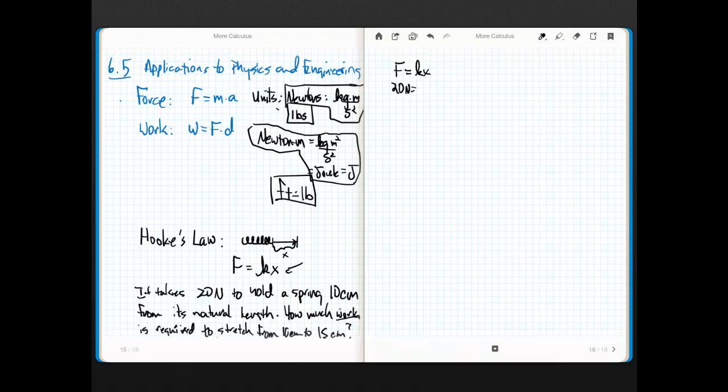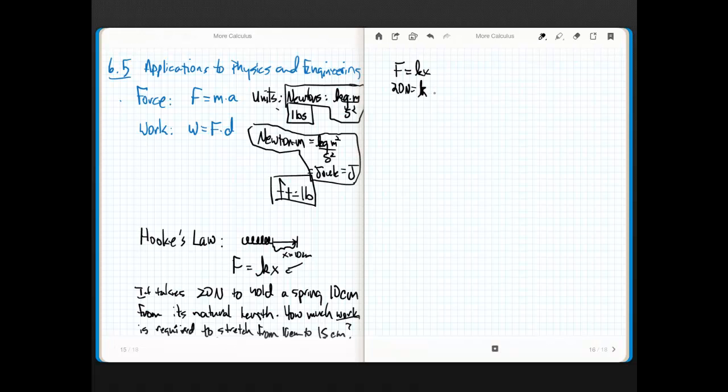I know that this spring is being stretched so that x is 10 centimeters past its natural length, right? So I'm stretching this thing 10 centimeters, about a little over 5 inches, more or less. 20 newtons to hold it there, not to stretch it through, but to hold it at 10 centimeters past its natural length. So I can solve for k.